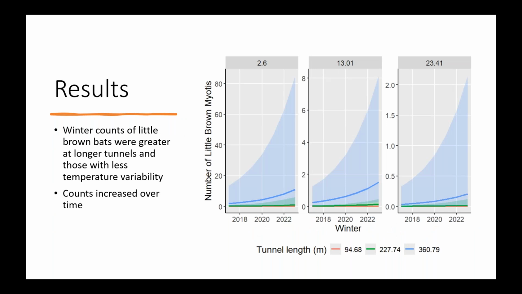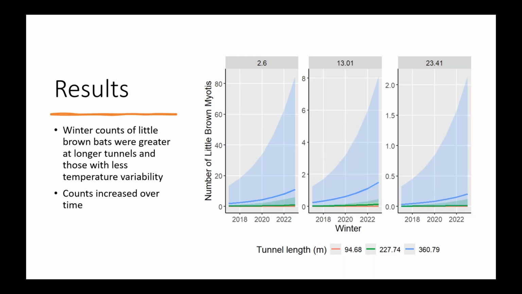What we found is that the winter counts of little brown bats or little brown myotis were greater at longer tunnels than those with less temperature variability. And these counts actually increased over time. So let me just take a second and describe this.